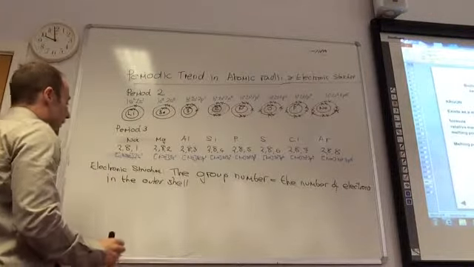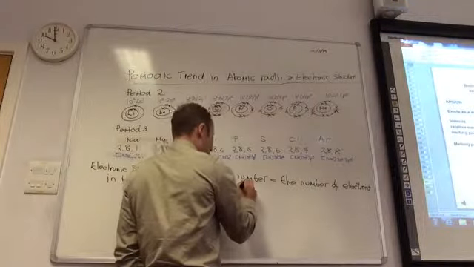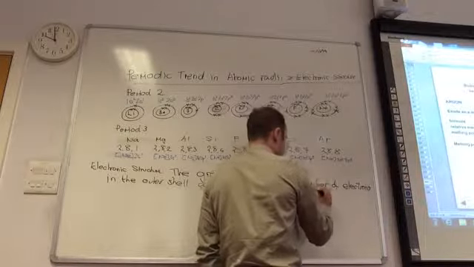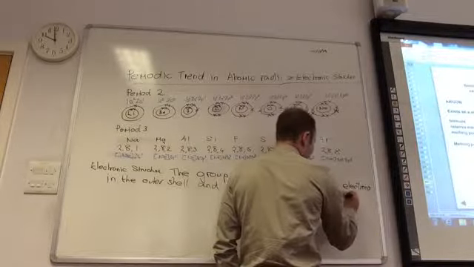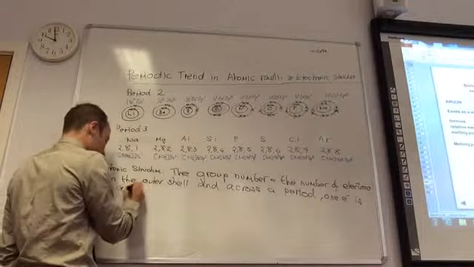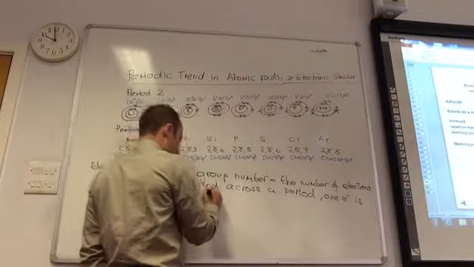So the group number is the number of electrons in the outer shell, and across a period, one electron is added to each element.